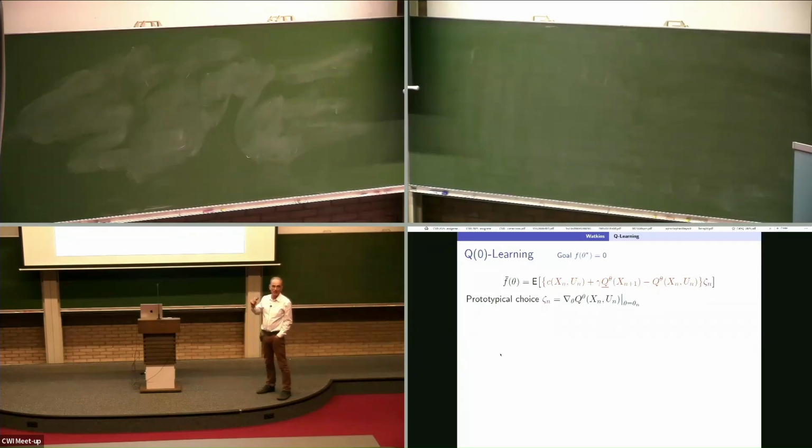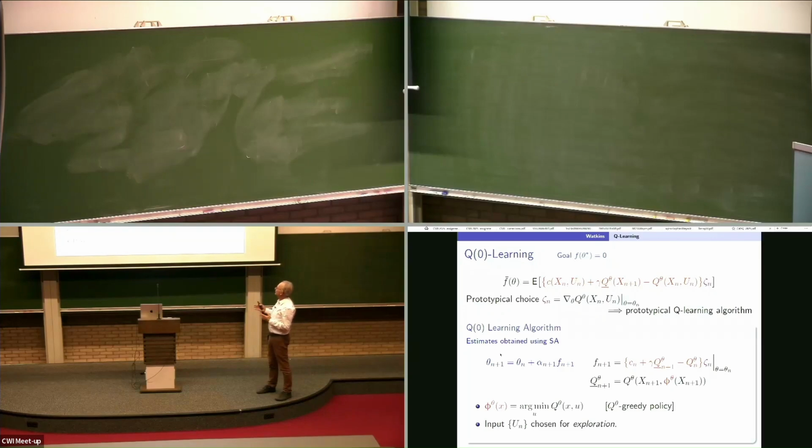You don't have to define it that way, but it leads to nice analysis sometimes, and it's also what seems to work. You'll see why in a moment, why it's appealing. In the tabular case, it's clear, which I'll define in a moment.